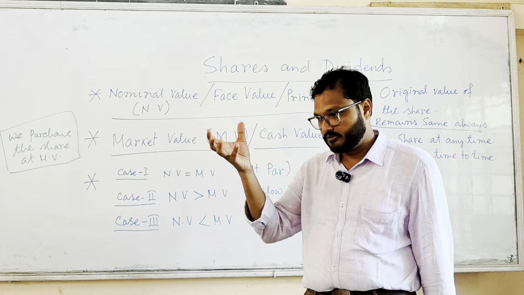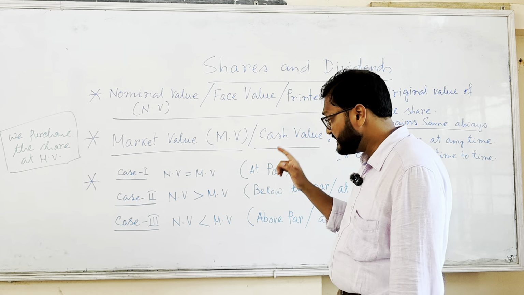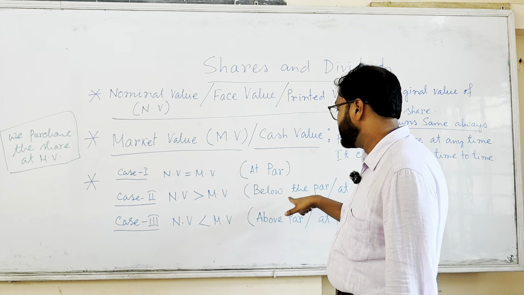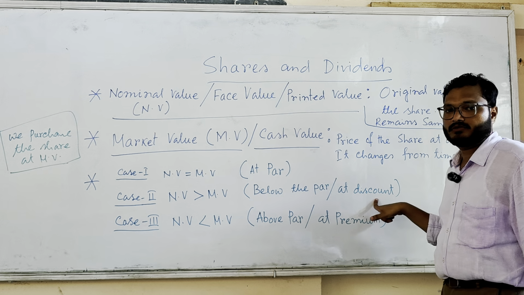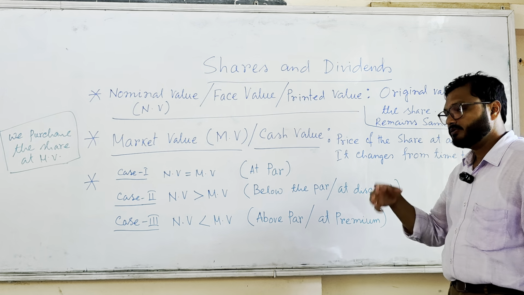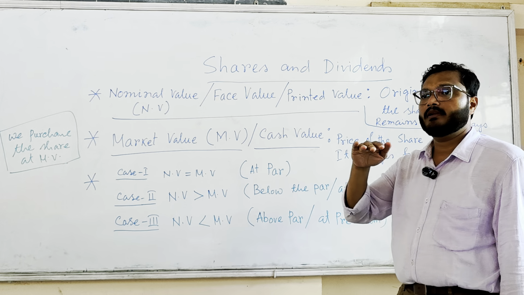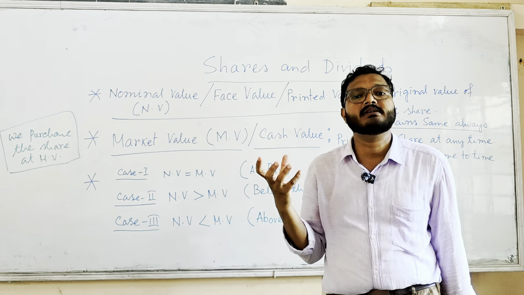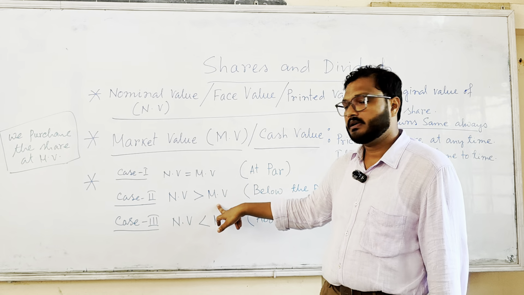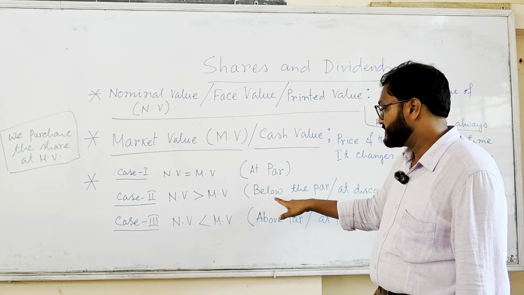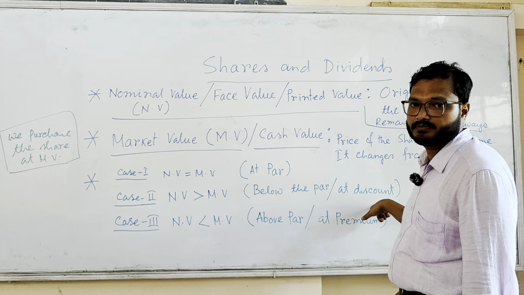So you are purchasing below par, or at discount. Let the nominal value be 100 rupees and you are purchasing a share at 90 rupees. That means nominal value is more than market value, so you are purchasing below par or at discount.